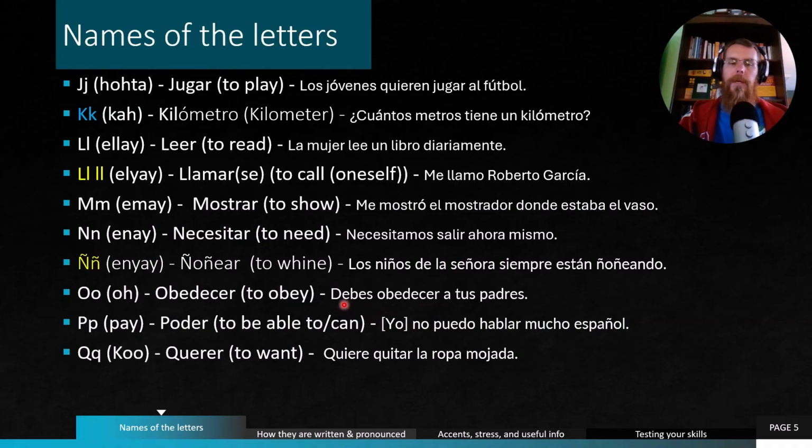It seems weird because it's like you must to obey because it's in the infinitive, but the thing that happens with deber, when it's conjugated, you have to have the verb in the infinitive if you're going to add a verb after it. So debes obedecer, debes pagar, debes hacer algo. All of those things, you're going to have it in the infinitive, and it's going to look weird for you to translate it into English.